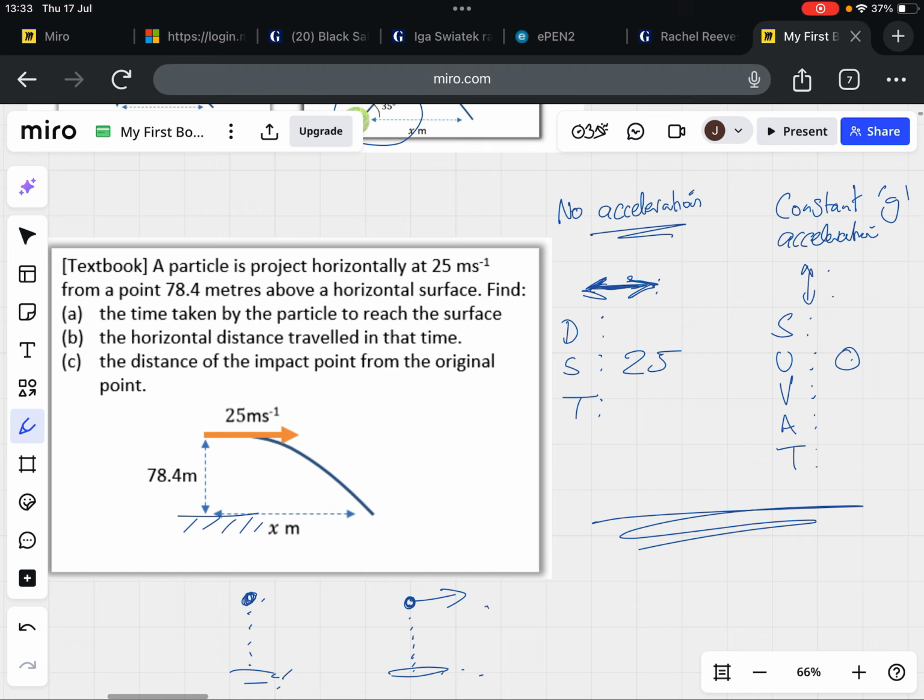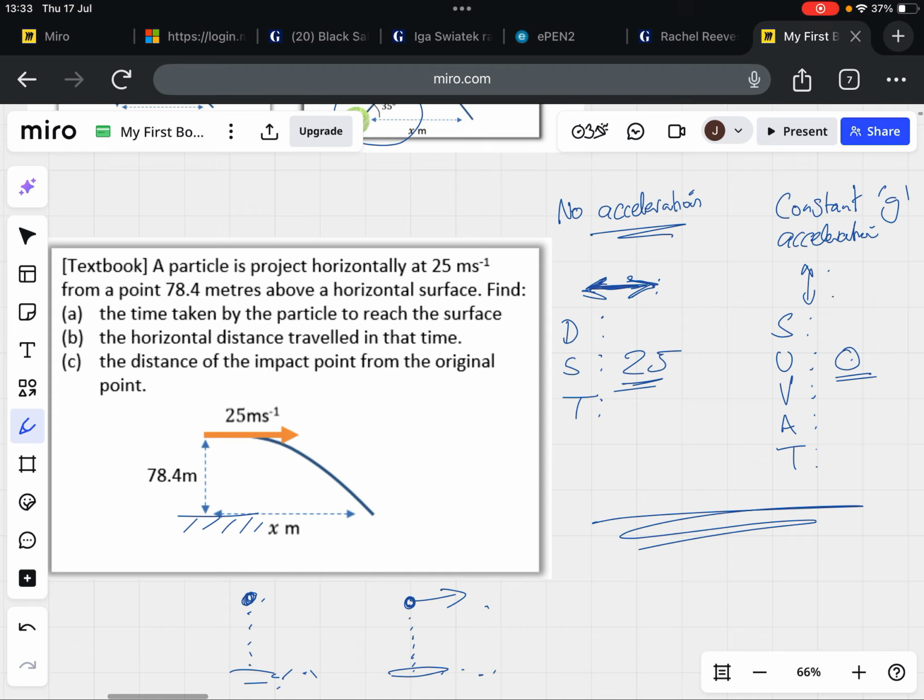But the time to hitting the ground comes from the vertical motion. Because something's going horizontally, that's completely separate to vertically, and this implies that vertically nothing's happening. So that's a 0. It's the same as being dropped on our suvat on the right.